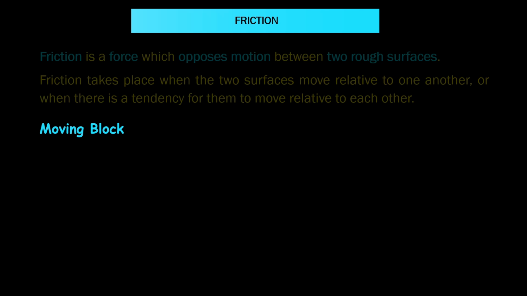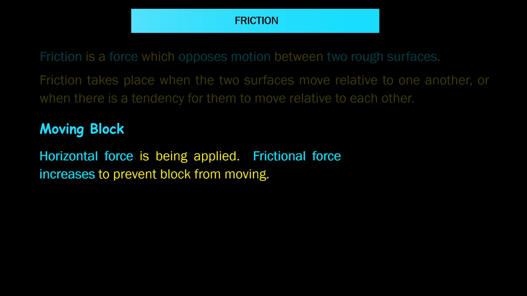Now let's take a look at the moving block. Horizontal force is being applied, and the frictional force increases to prevent the block from moving. So here's our block again, mass m. Here's the reactionary force and the weight, mg.